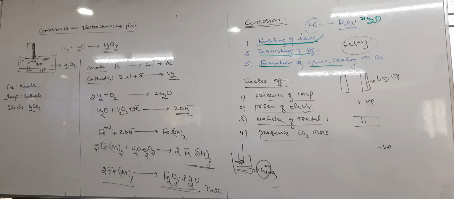If the metal contains less electropositive impurities, which makes corrosion occur rapidly.